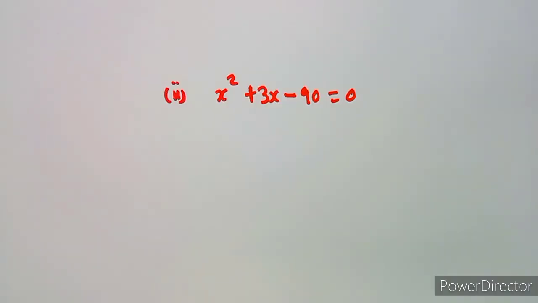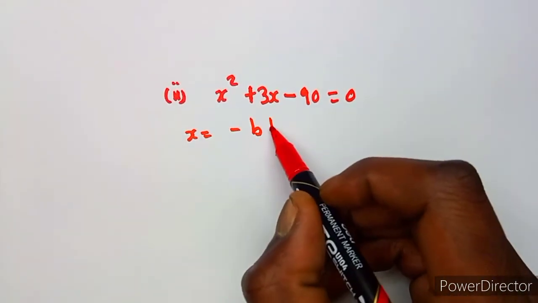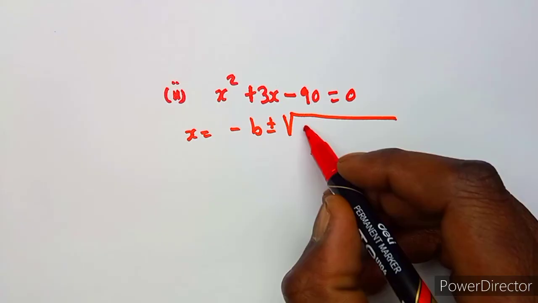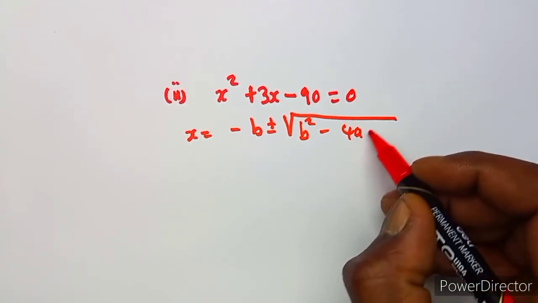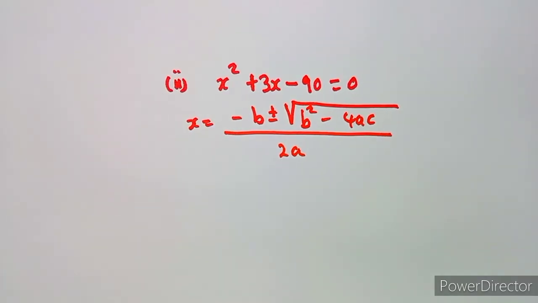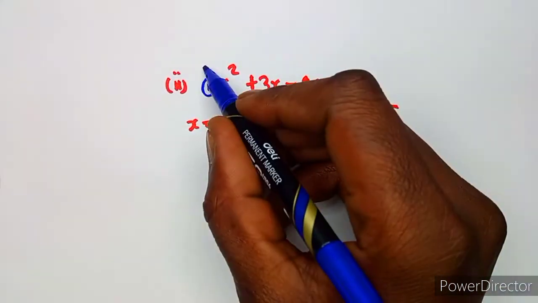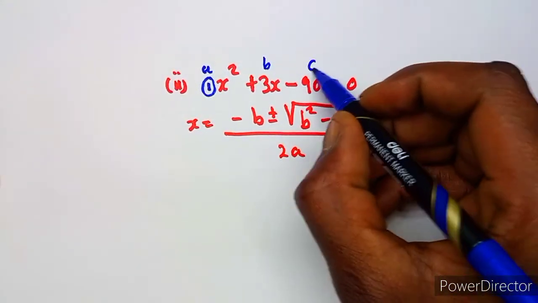Definitely, to solve this we apply the quadratic formula, where x is equal to minus b plus or minus the square root of b squared minus 4ac, all over 2a. Substituting our values, we've got 1 as our a, this is our b, this is our c.